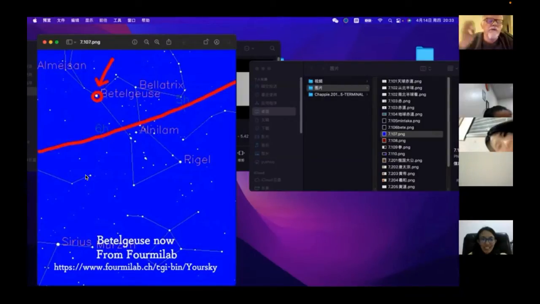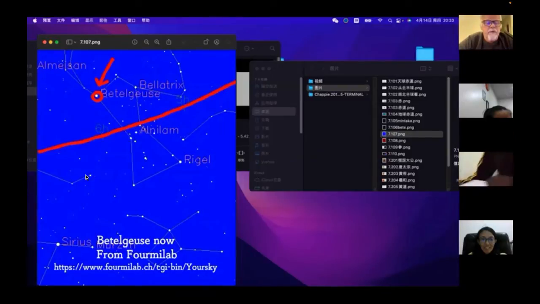You can pretend you're in China or South America. At Fermilab, you can see all of the constellations anytime, day or night, long ago or into the future. So this website is very interesting.